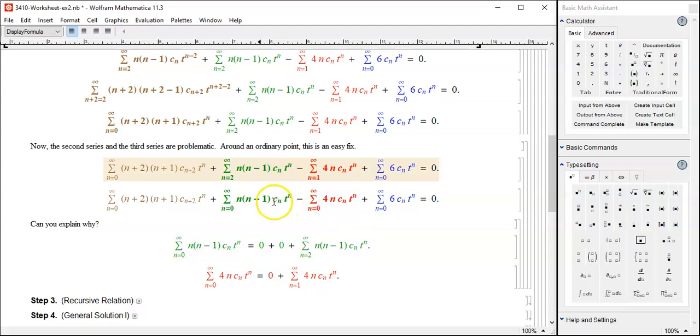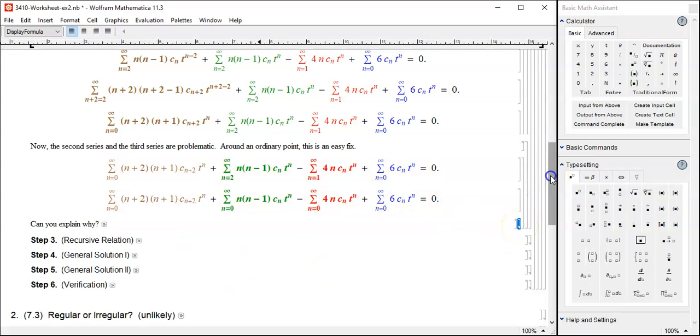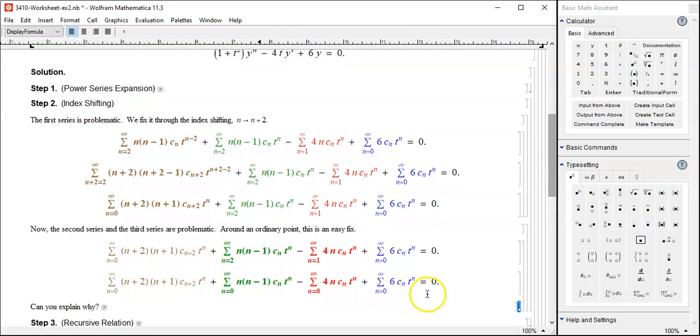Consequently, this and that are the same. About the red series, again the same idea. Plug in n equals 0, then that's 0, and then the rest of the series begins from n equals 1. Therefore, this and that are the same. So here is our conclusion up to step 2.